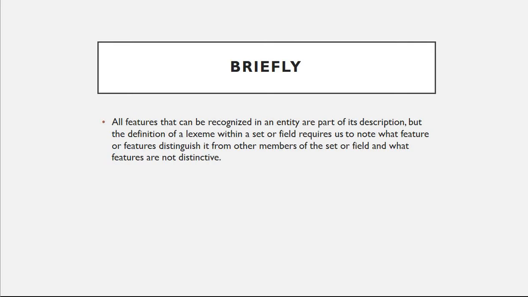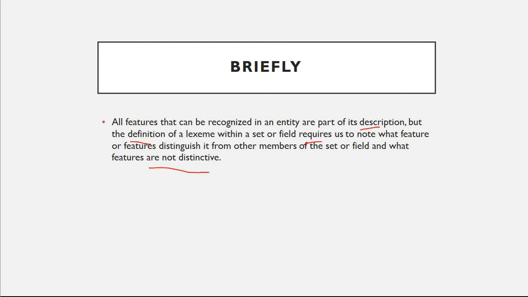So briefly, all features that can be recognized in an entity are part of its description, but the definition of a lexeme within a set or field requires us to note which feature or features distinguish it from other members of the set or field, and which features are not distinctive. So what is meant here, I can explain it like this.